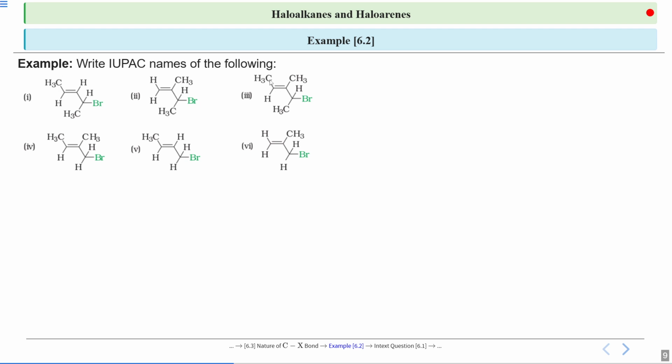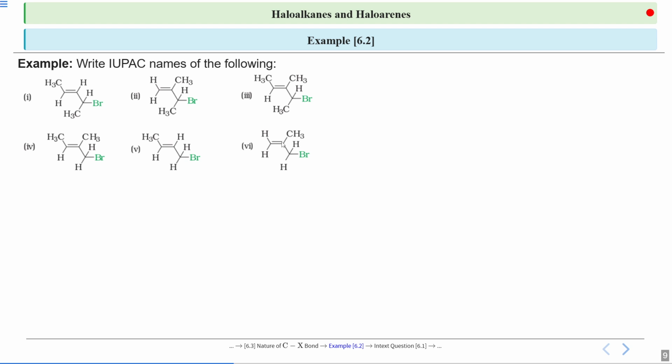Third is C(CH3)H=C(CH3)-CHBr-CH3. Fourth is C(CH3)H=C(CH3)-CHBrH. Fifth is C(CH3)H=CH-CHBrH.